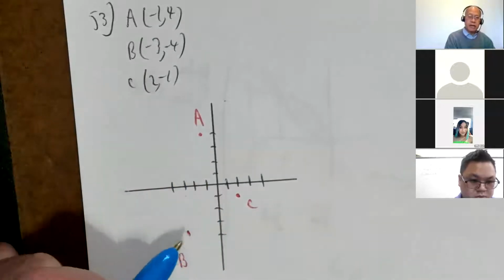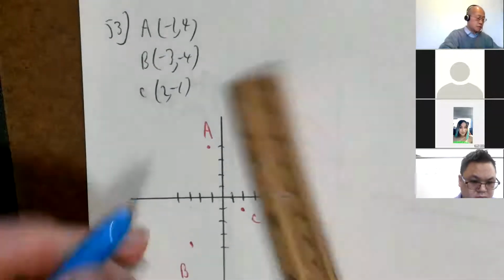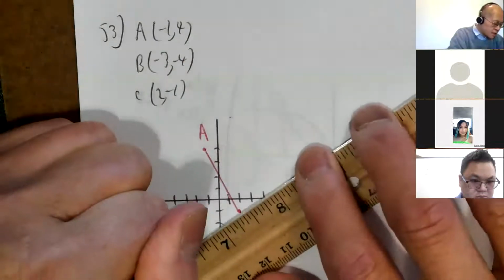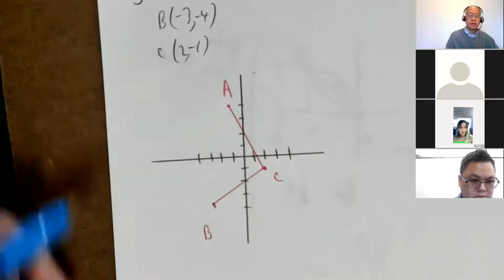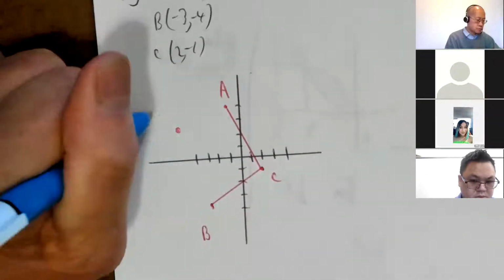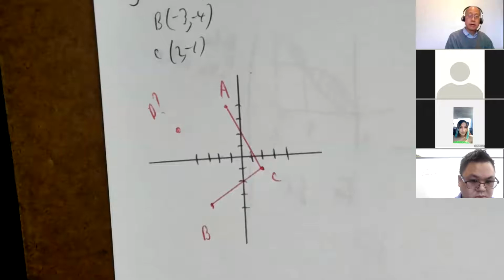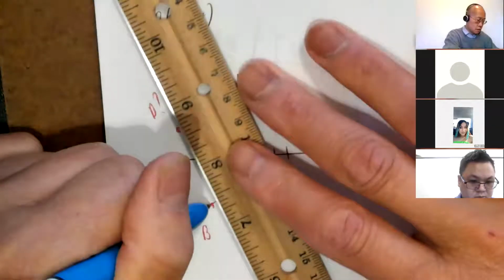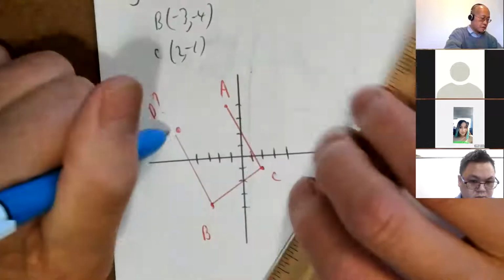All right. So how do I make a rectangle? We already have this. So eyeballing it, maybe it's here somewhere. So maybe it's going to be here.